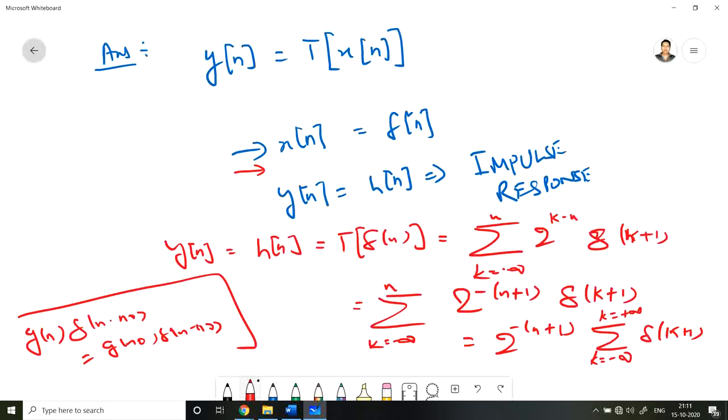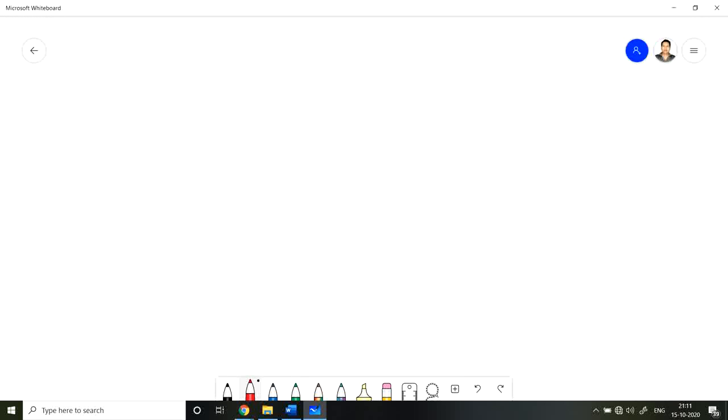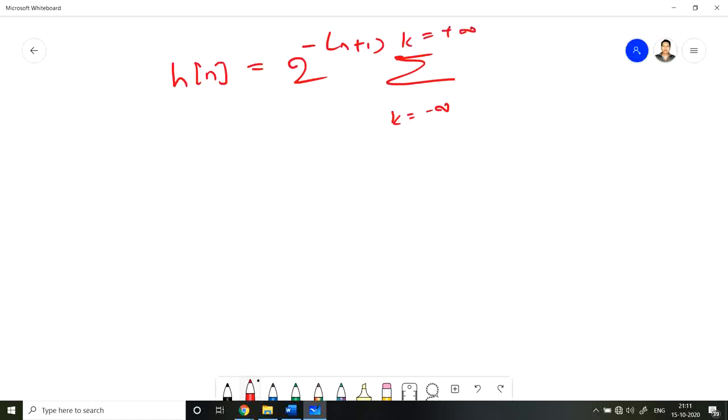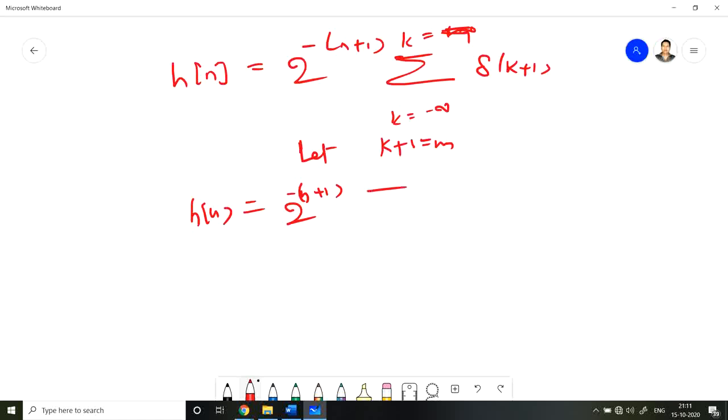So finally we can write hn as 2 raised to the power n plus 1 times the summation over k from minus infinity to n of del k plus 1. Now let k plus 1 equal m. So hn becomes 2 raised to the power n plus 1 times the summation m equals minus infinity to n plus 1 of del m.